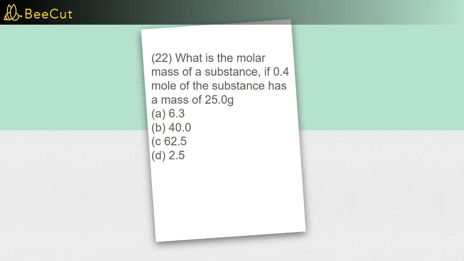For us to look for the molar mass, we use the cross multiplication method. It will be mole multiplied by molar mass, which is equal to mass. The molar mass will now be equal to mass over mole. That shows 25 over 0.4. C is the correct answer. That is the molar mass of the substance.